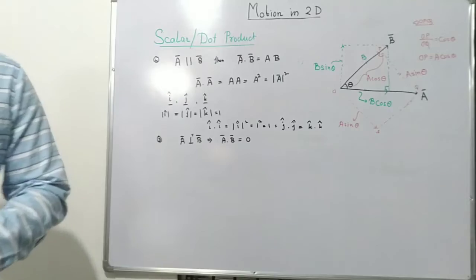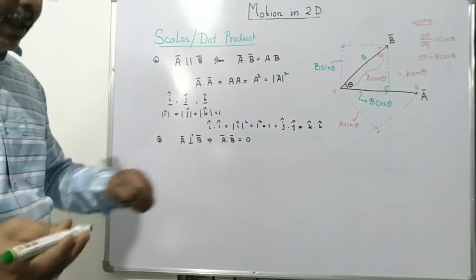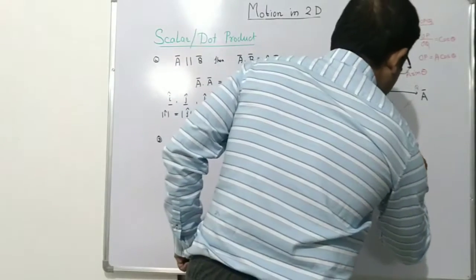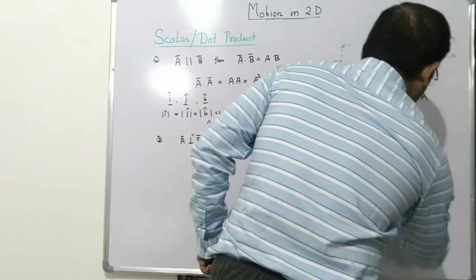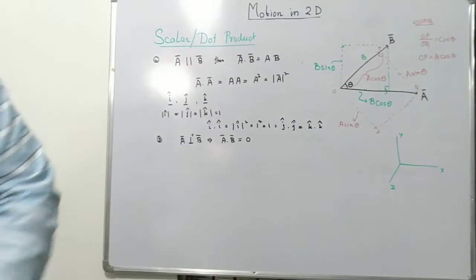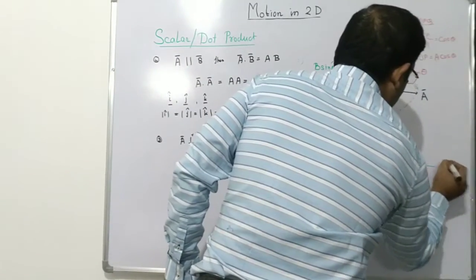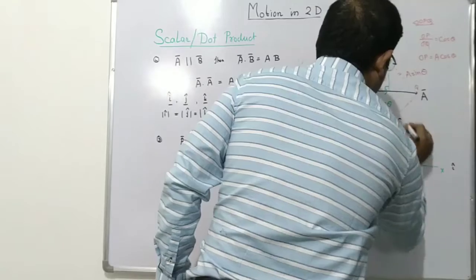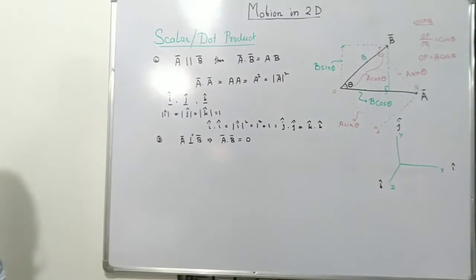Now we have already seen that I, J, K are the unit vectors along the 3 orthogonal axes, that is x-axis, y-axis and z-axis respectively. So this is I cap, this is J cap and this is K cap, which are mutually perpendicular to each other.